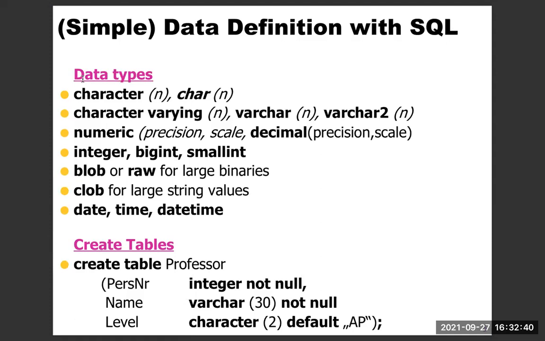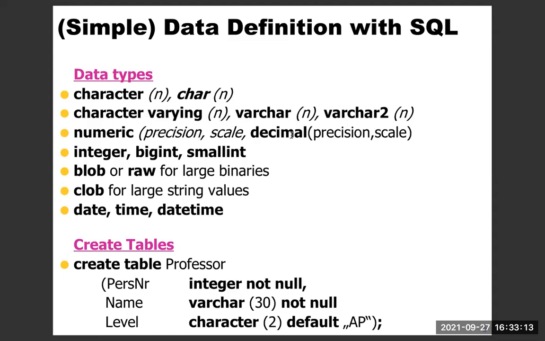In SQL, we need to provide data types first. Some of the data types are common for all the vendors, and some are standard. The standard says we have character varying and something else. But the most common data type for strings is varchar, variable character, with a maximal length.